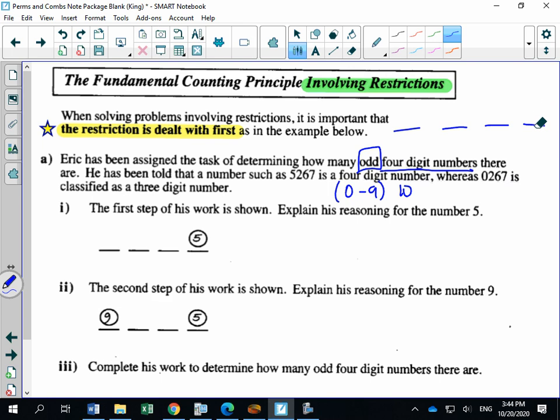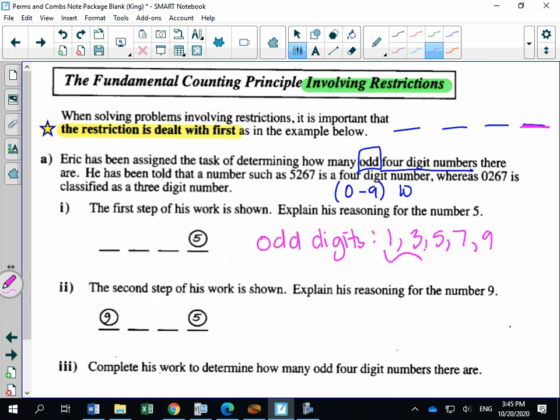So we couldn't put in this last stage 10 total digits. What are the odd digits? What makes a number odd is that last stage, and if a number ends in 1, 3, 5, 7, or 9, it will be odd.